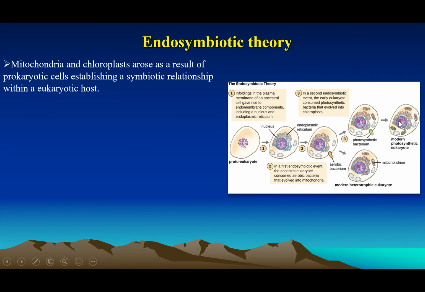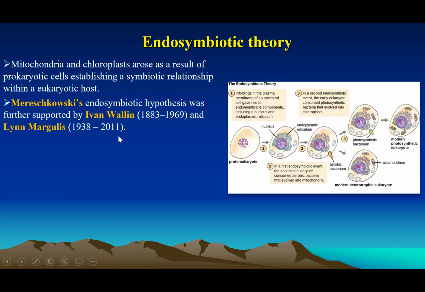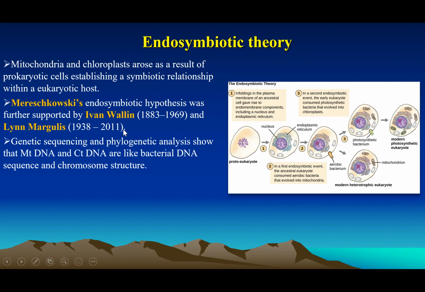There are many scientists who worked on this, but Lynn Margulis worked at UMass in proving this hypothesis. Some of the evidence for this would be genetic sequencing and phylogenetic analysis of mitochondrial DNA and chloroplast DNA.